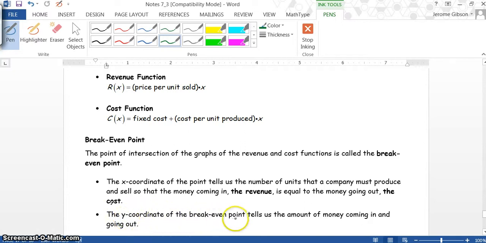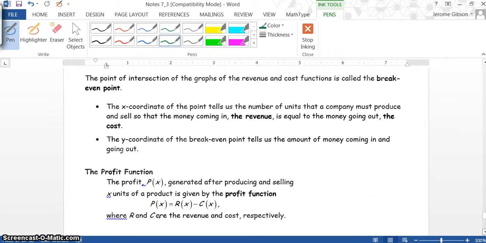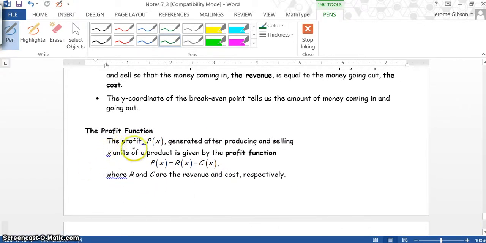The y-coordinate of the break-even point tells us the amount of money coming in and going out. The profit function: the profit P of x generated after producing and selling x units of a product is given by the profit function P of x is equal to R of x minus C of x, where R and C are the revenue and cost respectively.